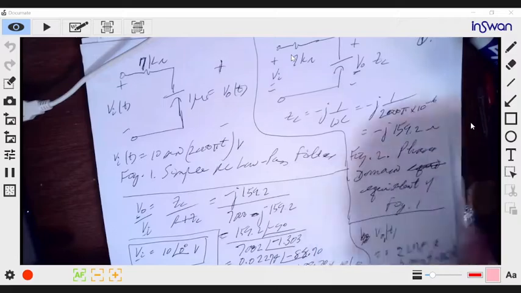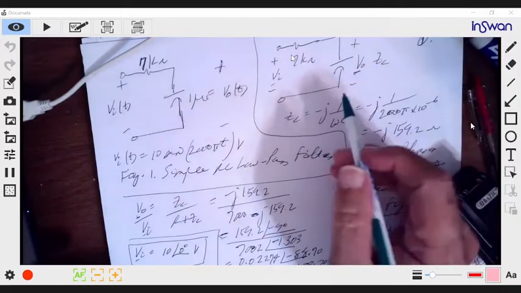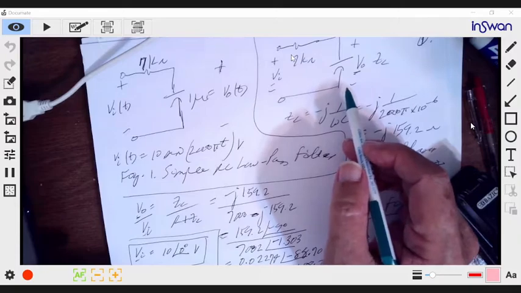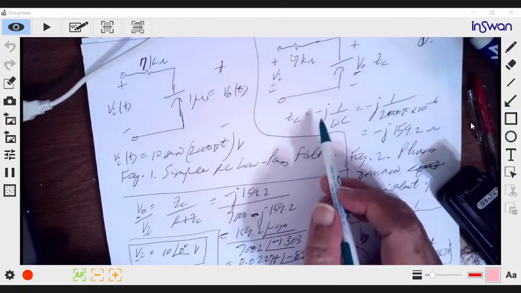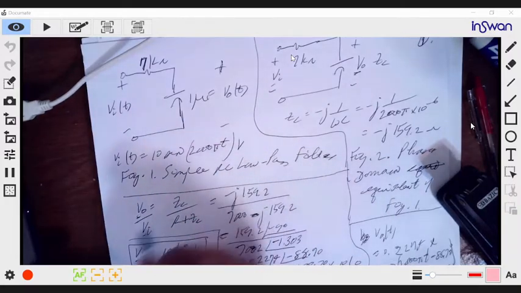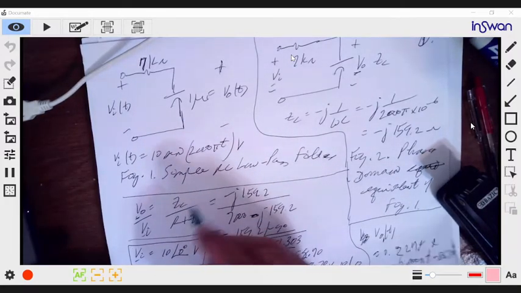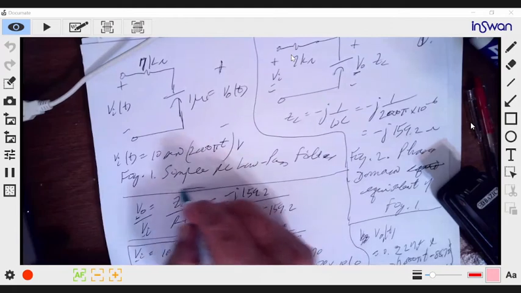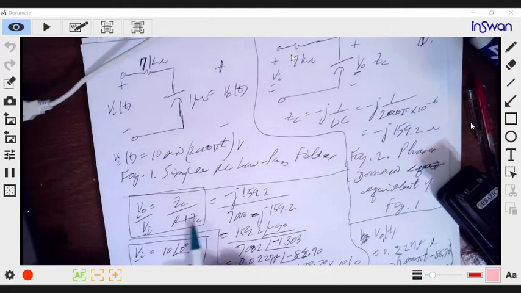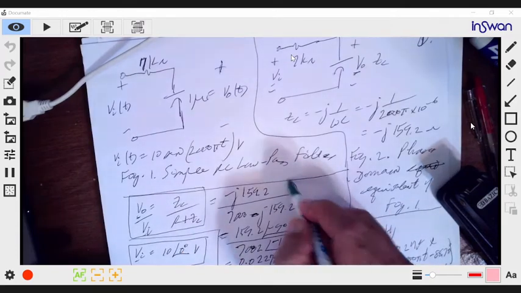The voltage across the capacitor is the impedance of the capacitor divided by the sum of the impedances times the supply. That's this. V out over VI is the impedance of the capacitor divided by R plus the impedance of the capacitor, or what you just said.